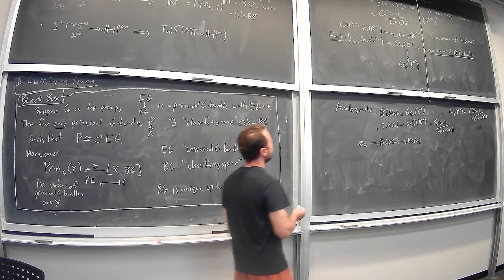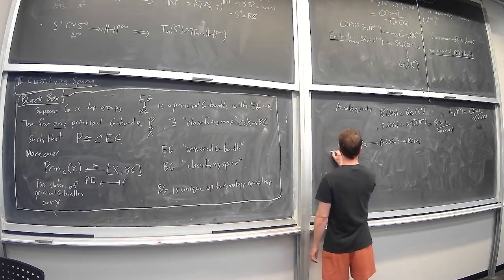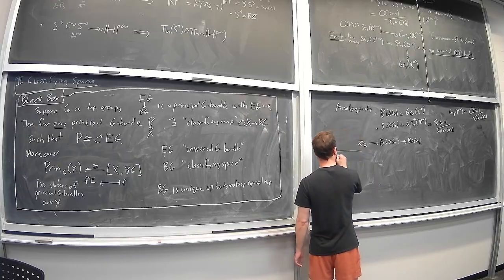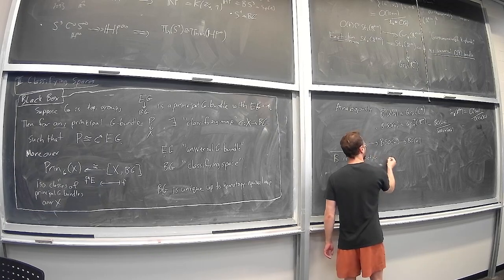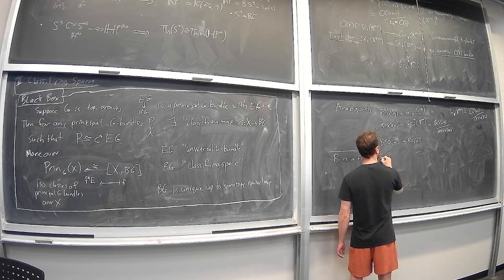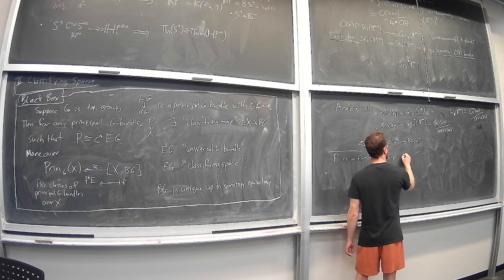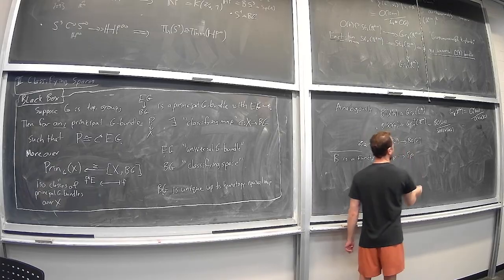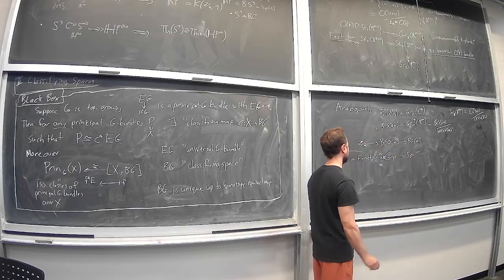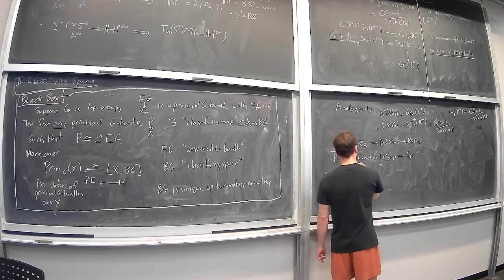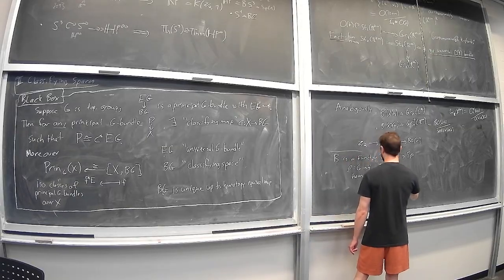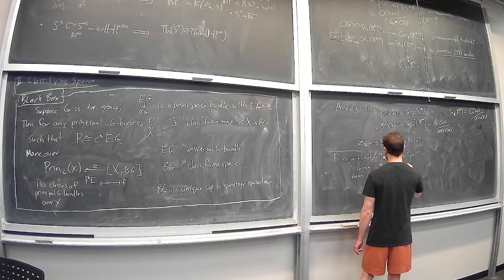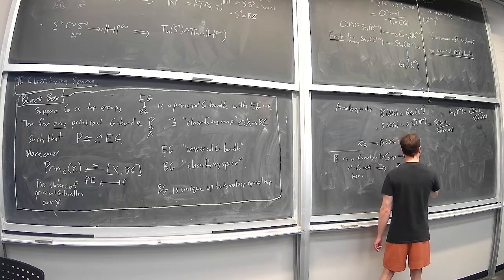I didn't say anywhere, but it is true that B is a functor from topological groups to spaces. And I think you can even set it up so it's a functor to pointed spaces. So if phi from G to H is a homomorphism, then this gives us an induced continuous map B phi from BG to BH.